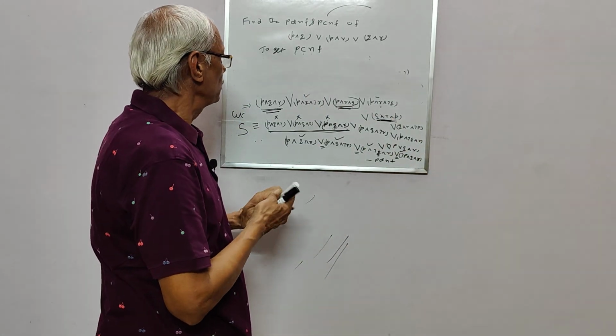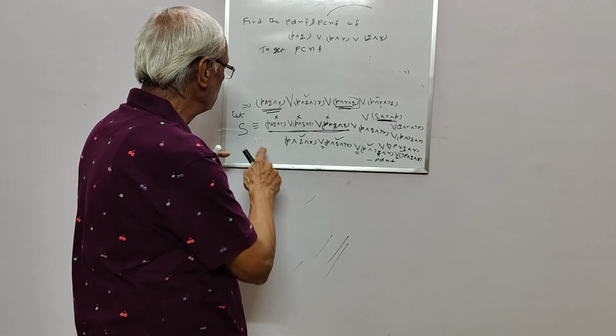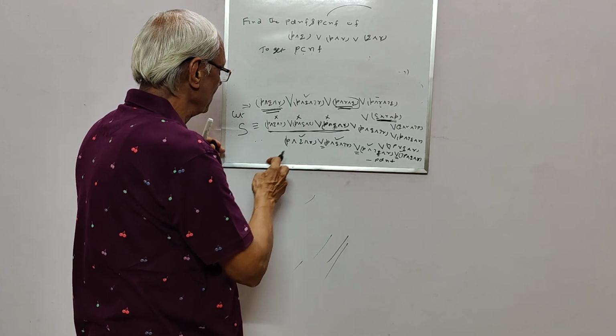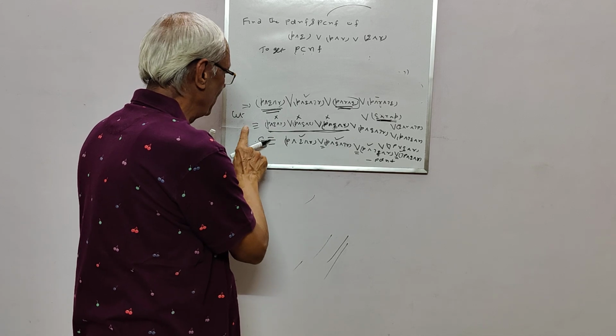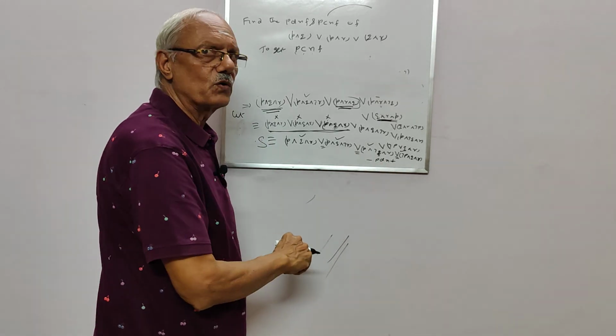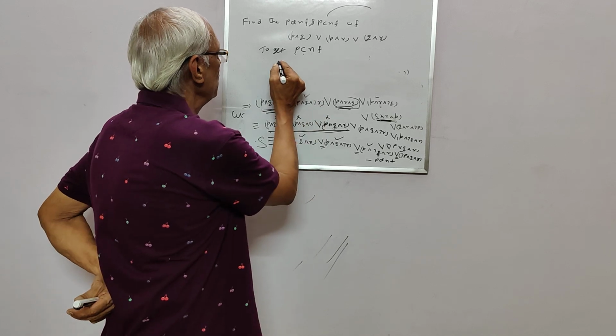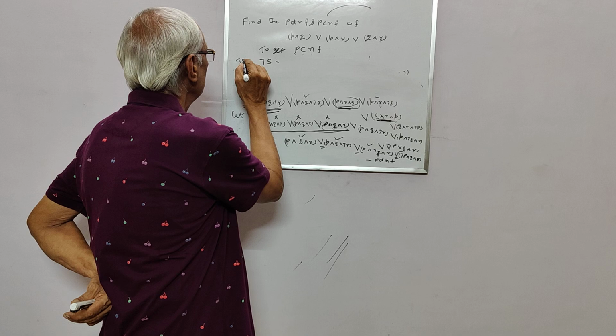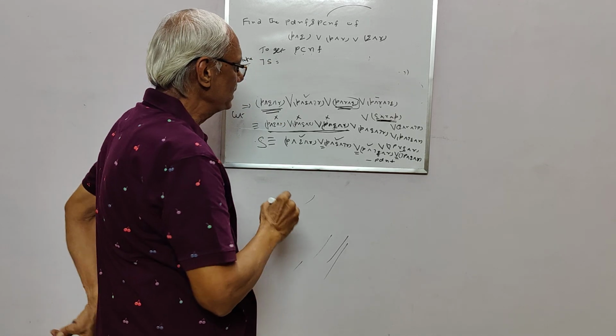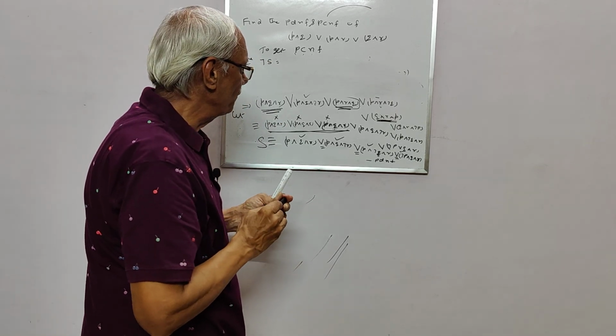So have that in your mind. Now call this your S. Final PDNF, you call this your F. Then you take the negation of S. What is the meaning of negation of S?